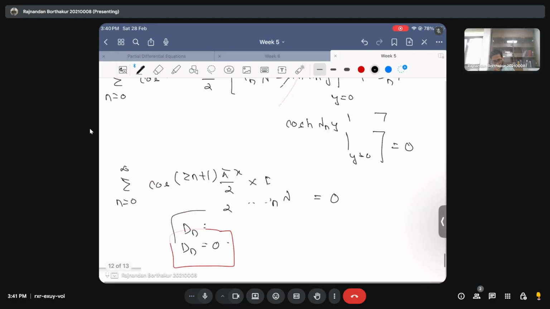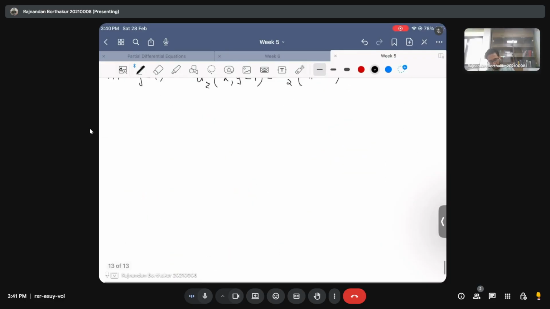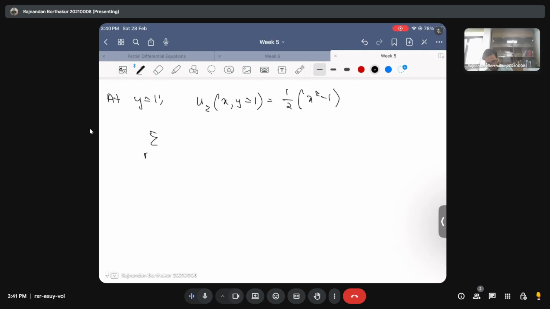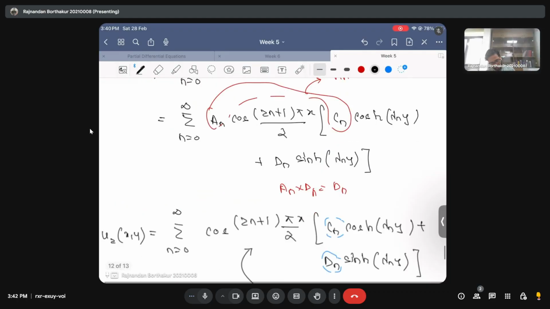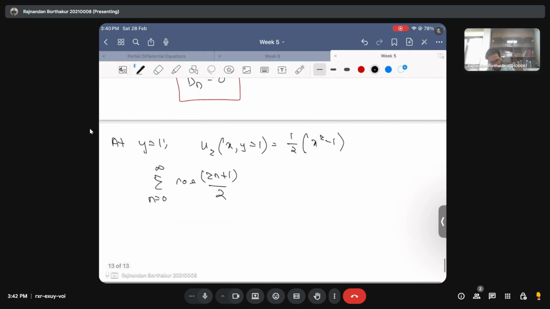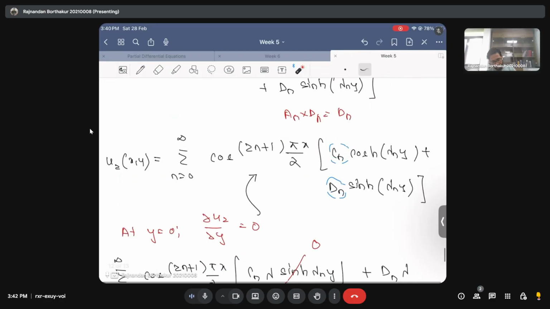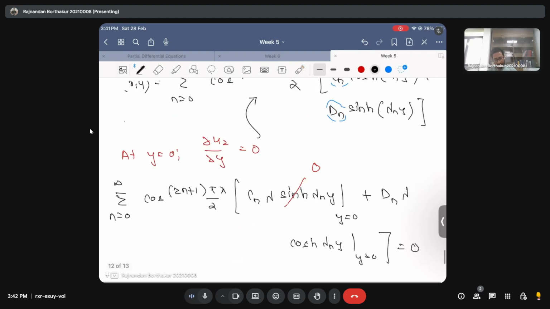Then I know that dn's are 0, which means that this is just going to be the sum over n equal to 0 to infinity of cos of (2n plus 1) by 2 pi x. I know that dn's are already 0, so I'll not bother about these dn's. And this is cn times cos hyperbolic lambda, that's it.